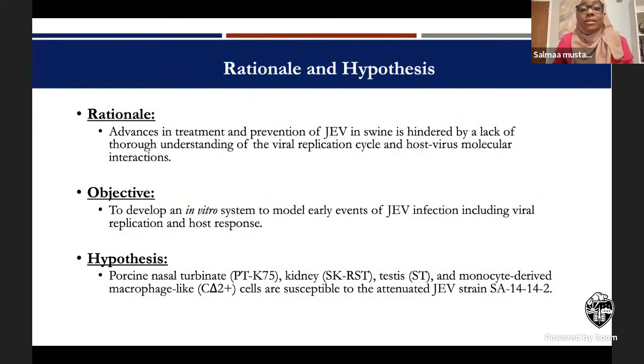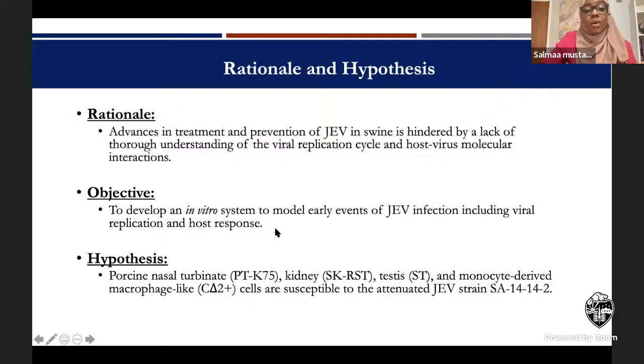So what's our rationale for the experiment? Well, we know that it's still pending. We don't really have all the information or a full understanding of the viral replication cycle, okay? And the host-virus interactions. We still don't know. There are several studies out there, but it's not been fully established.